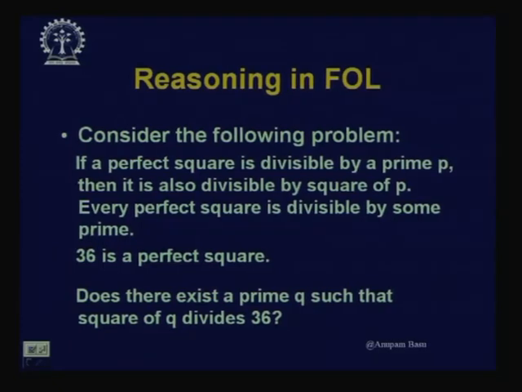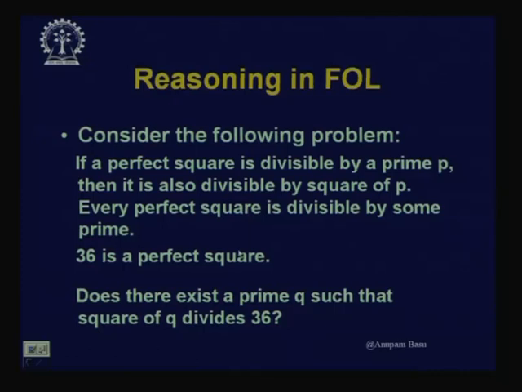So, what are the three statements that have been made? If a perfect square is divisible by a prime number, then it is also divisible by the square of that prime number. And every perfect square, now these are important, every perfect square is divisible by some prime. 36 is a perfect square.